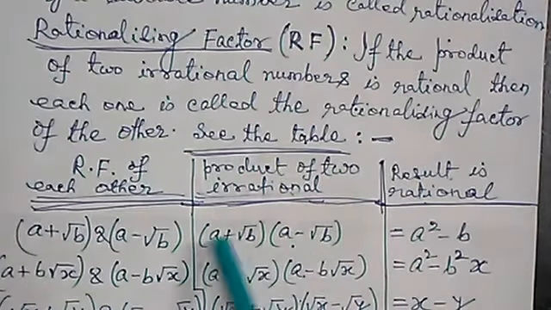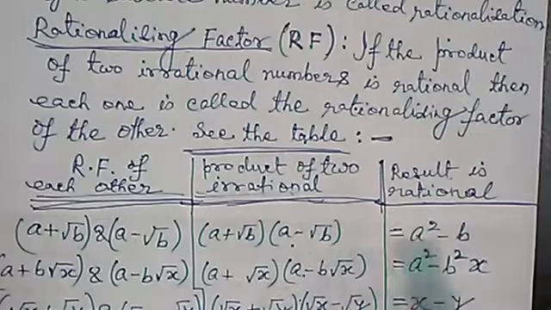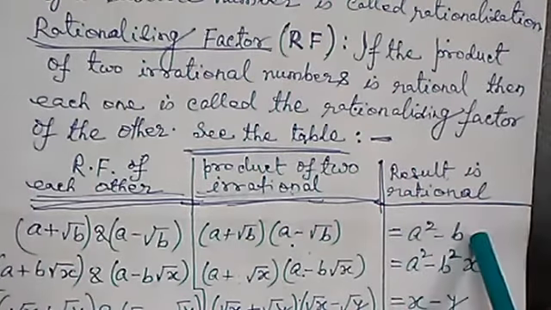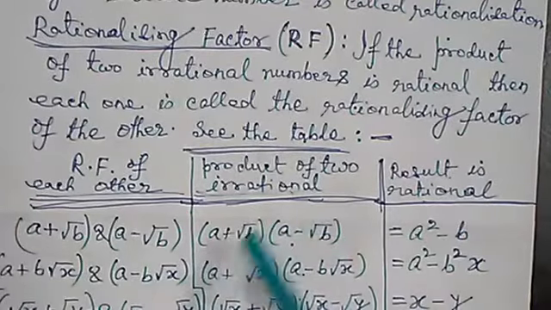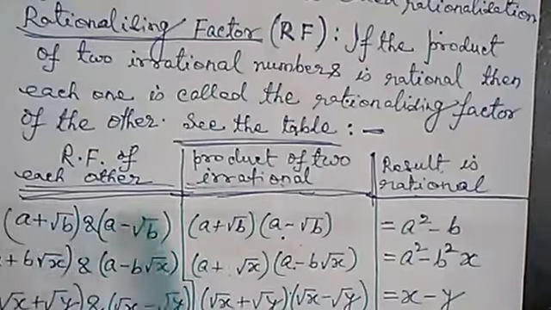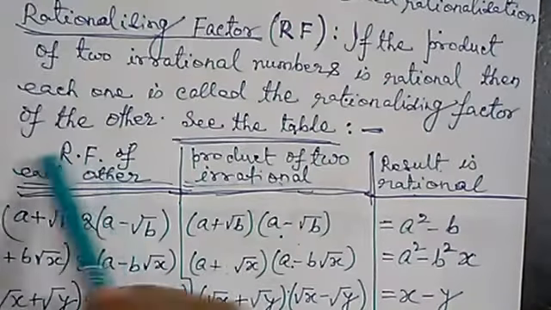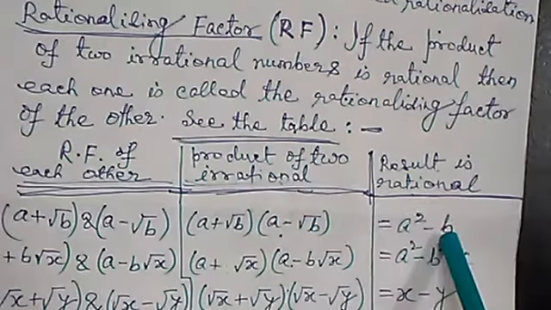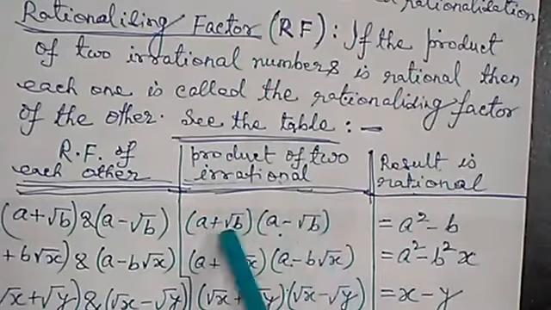Since the product of these two irrational numbers is a rational number, see the result, it is a rational number. So obviously, if the product of two irrational numbers is rational, both of them are rationalizing factors of each other. Why? Because their product is rational, and both numbers are irrational.